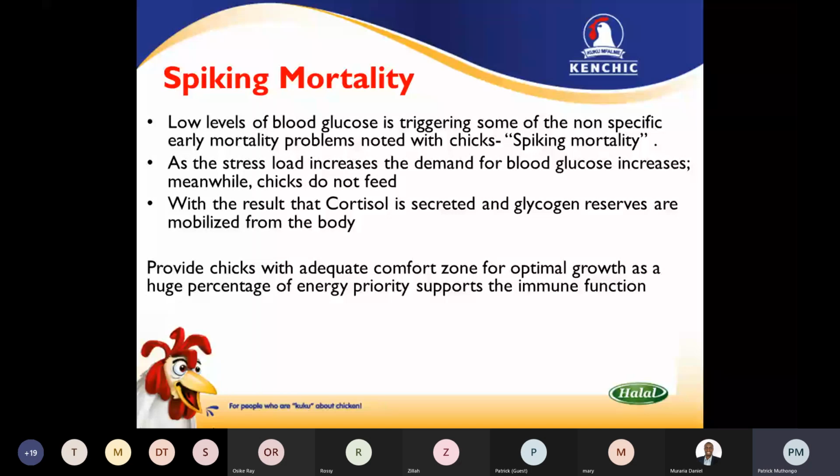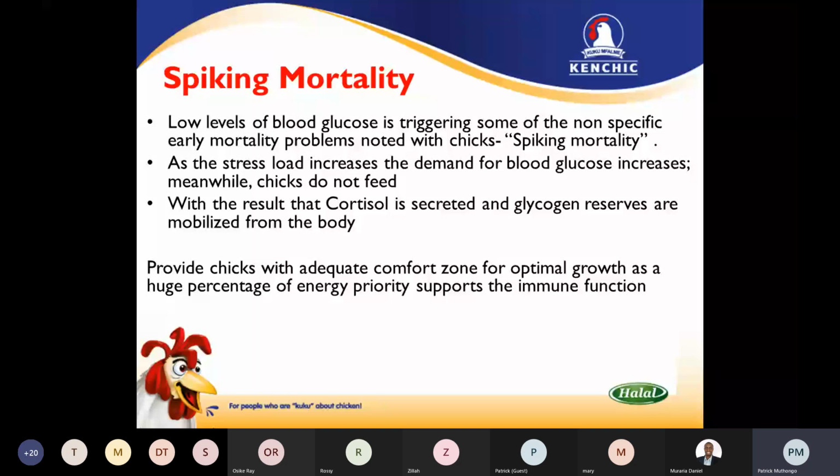Basically, the mortality is rising steadily. So this is mainly because of low blood glucose levels. Chicks also have their science. Which might trigger what we call the non-specific early mortality problems. Non-specific because normally they are not meant to cause chick mortality.